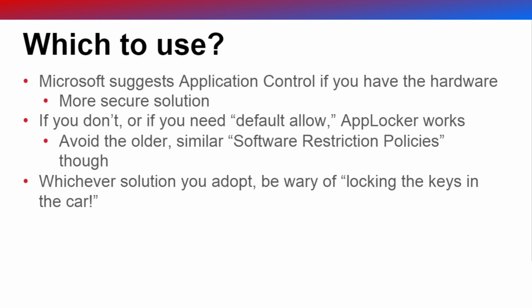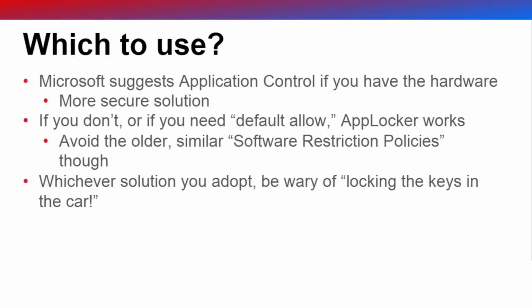Now, if you don't have the necessary hardware to do the VBS piece, or if you need the default allow scenario, where you're generally just creating a list of software that is banned or restricted, then you can still use AppLocker. Okay, so whichever way you go, so that's the guidance.